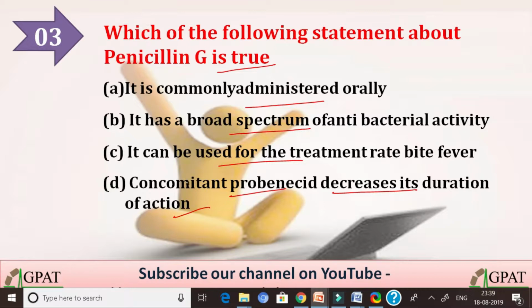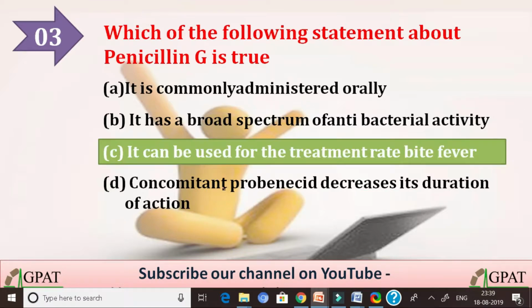So which one is true? The true statement is that it can be used for the treatment of rat bite fever. It means the others are incorrect about penicillin G.